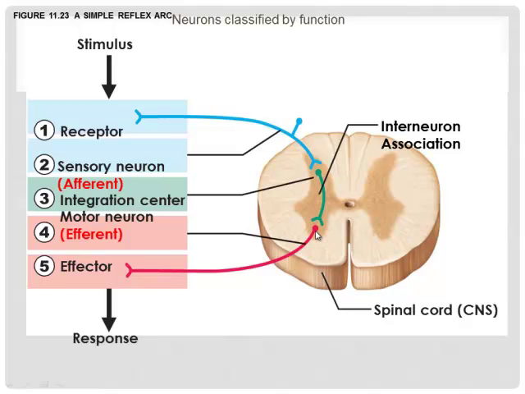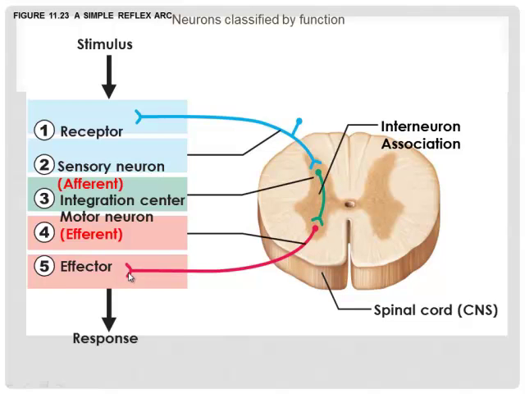Your lower motor neuron is transmitting impulses from the gray matter, typically, and it is going to an effector area, which is typically your skeletal muscle. So again, stimulus, receptor to an interneuron association, which then can go to an effector, which is going to go back to the muscles to do something.